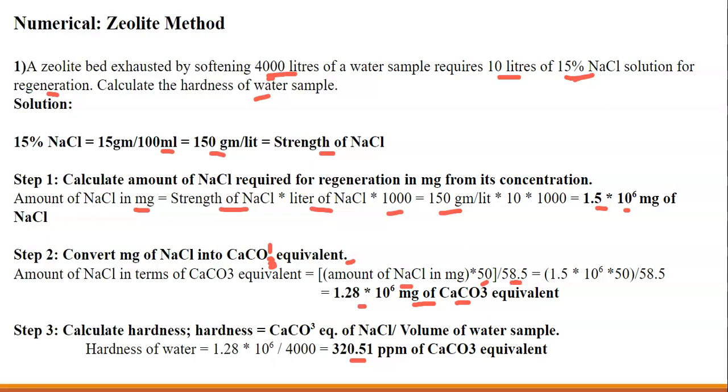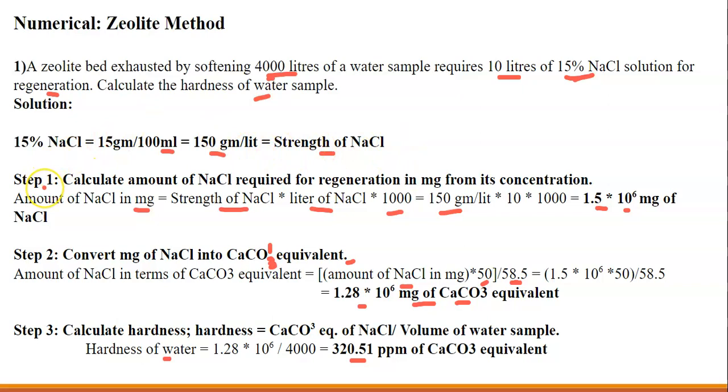calcium carbonate equivalent. So in a zeolite numerical, either they ask you the hardness of the water sample or they ask you the volume of water sample which is softened. So it is done in 3 steps. First step, if the strength of NaCl is given in percentage, you have to first convert it into gram per liter.